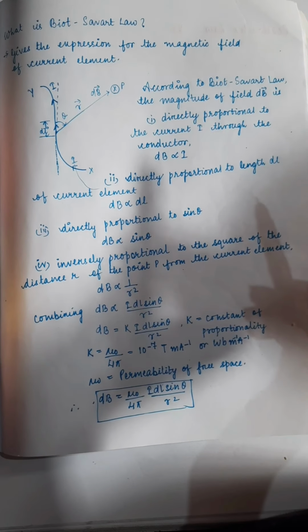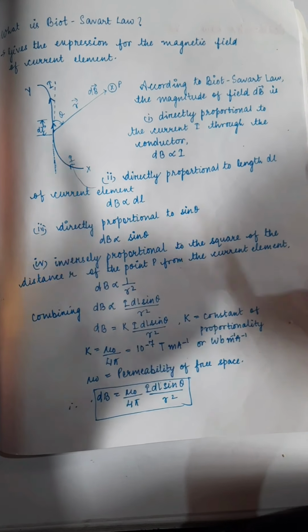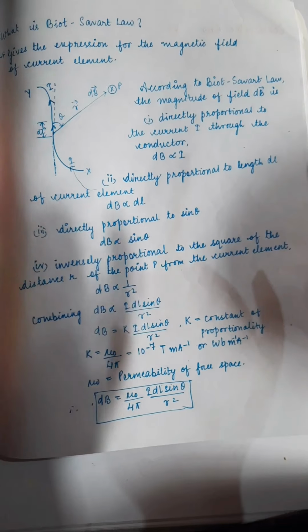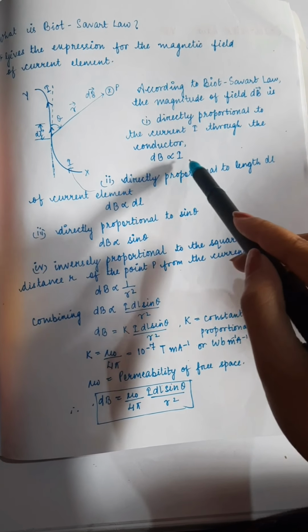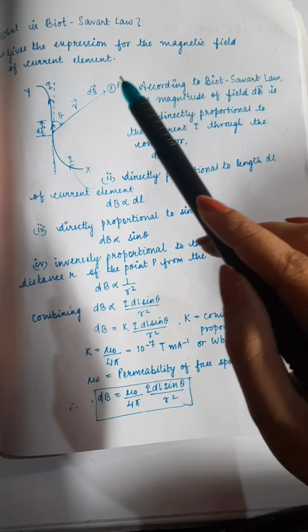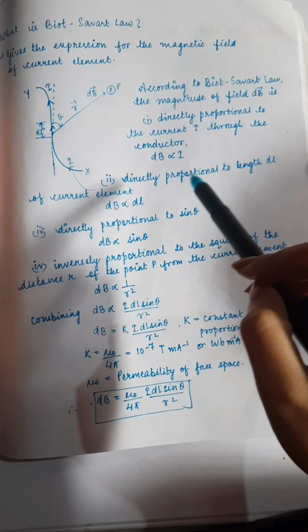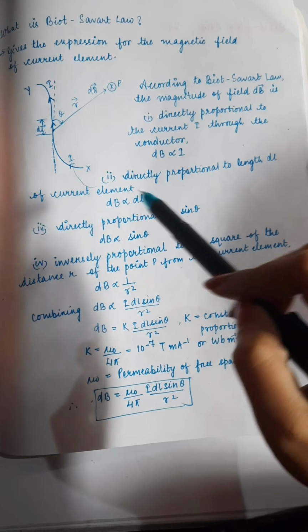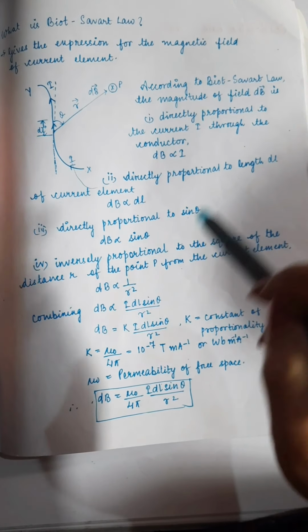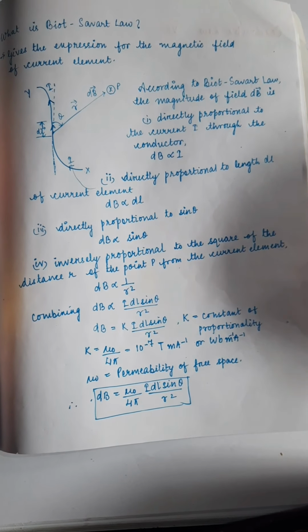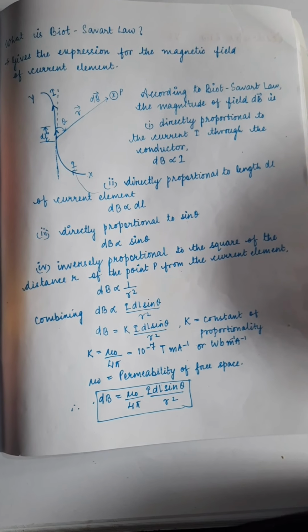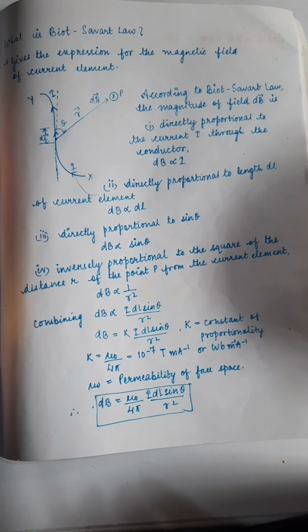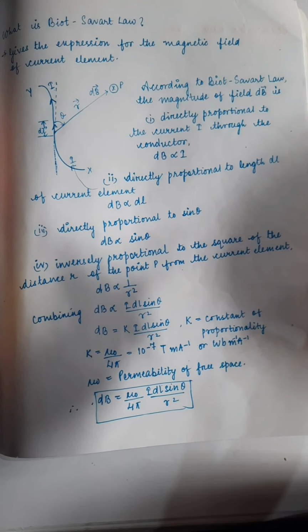Now moving to the statement part of Biot Savart law. According to Biot Savart law, the magnitude of the magnetic field dB is directly proportional to I, that is the current flowing through the conductor, directly proportional to dl, which is the length of the current element when we are taking the entire conductor into consideration, or dl is also said as the current element at times.